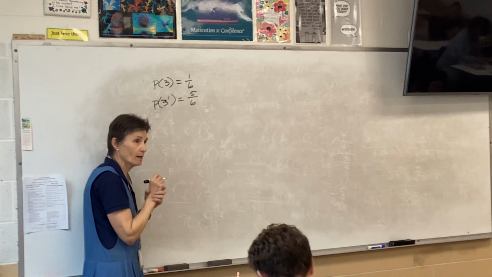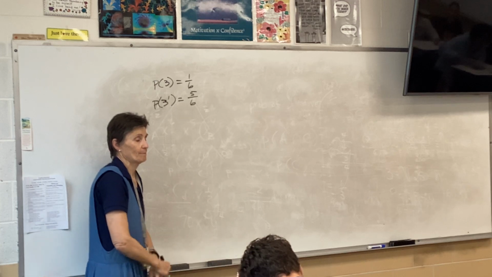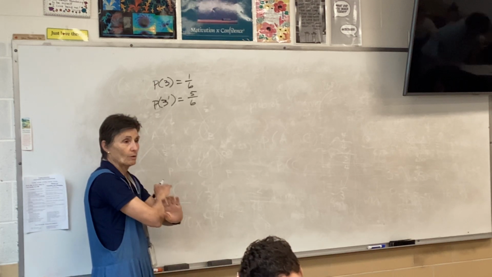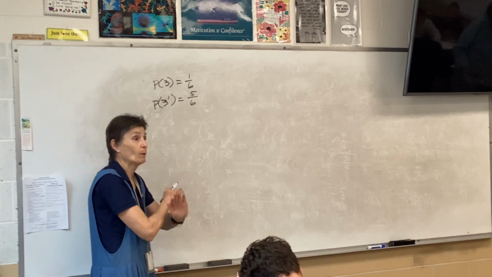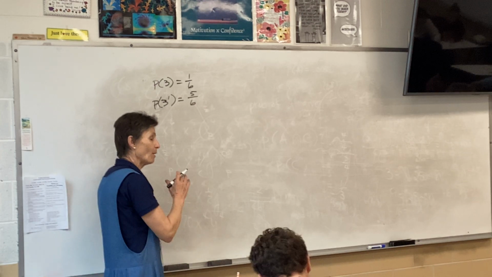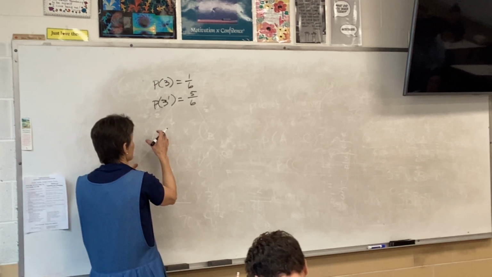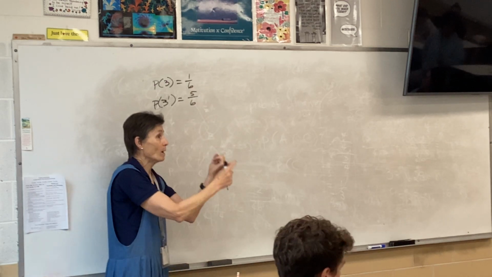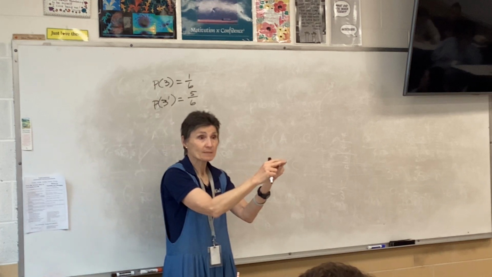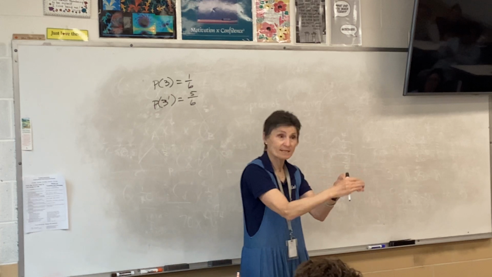All right, so here we go. I'm going to roll that die 4 times. And in problem A, I want them all to be 3s. Well, I'm going to show you how we're going to approach these other problems, but you could definitely approach this one by just saying 1/6 times 1/6 times 1/6 times 1/6.